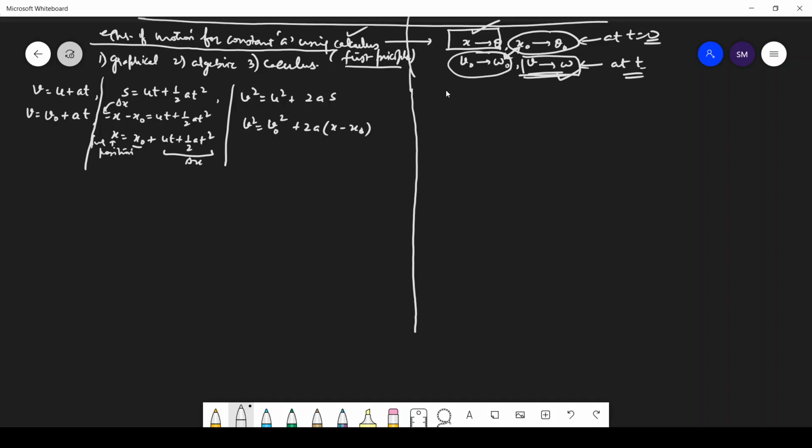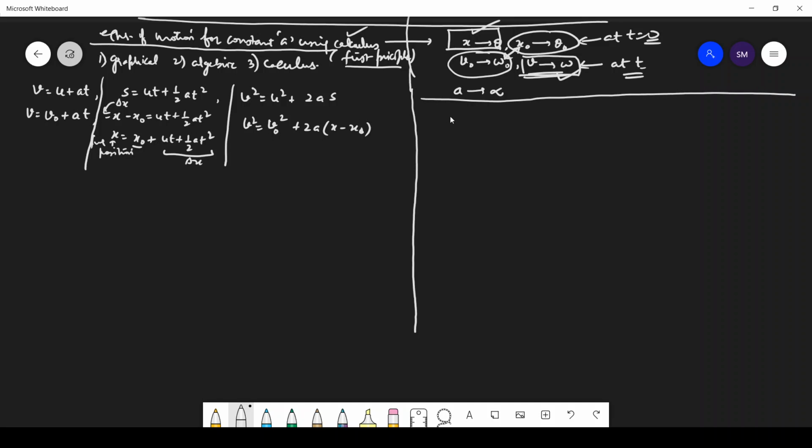Now, a is replaced with alpha. Time remains the same variable in both cases. So how can we rewrite these equations? They are analogous equations.